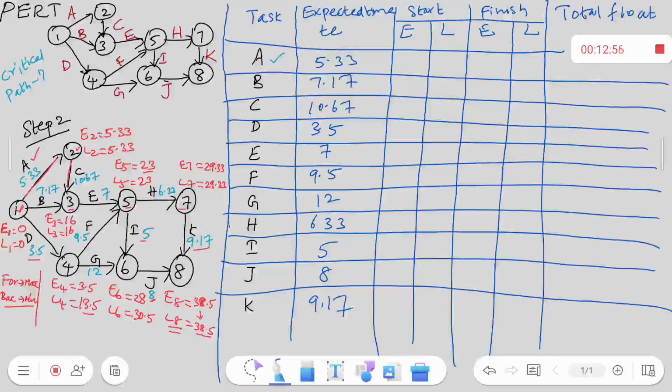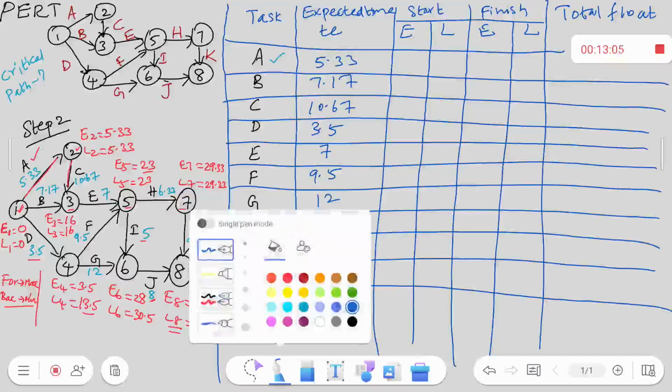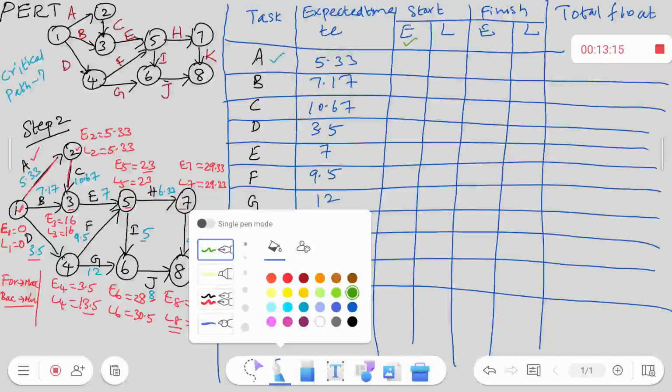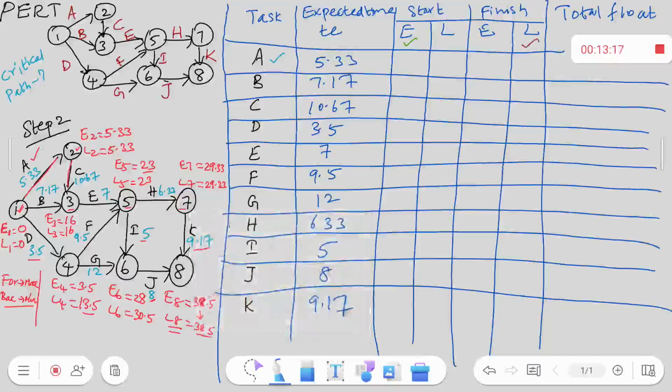I have filled the expected time from the previous tabular column and kept it as such. Now the first value is the earliest start time, so I am going to fill this one, and the last one, which is the latest finish time.